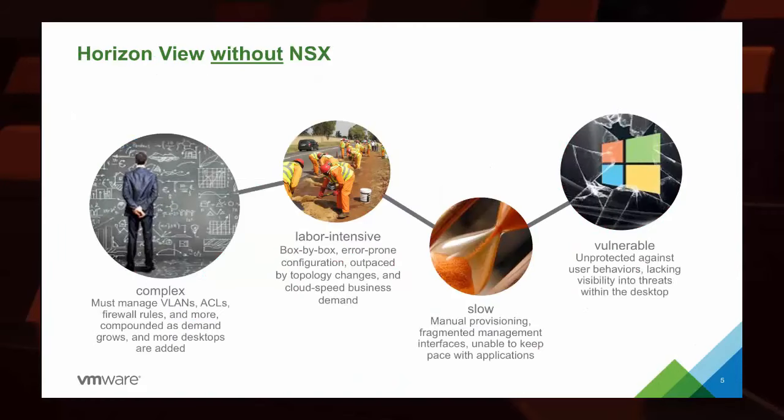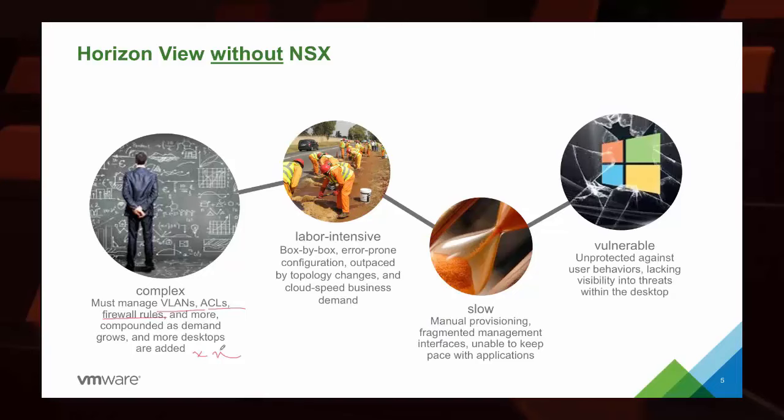Without NSX, it is very easy. We can create virtual desktops and we can spin things up and provide them to people. But the networking component becomes very, very complicated, because as machines are getting spun up, the networking teams are having to manage multiple VLANs and access control lists and firewalls, and these are being compounded as the virtual machinery is growing.